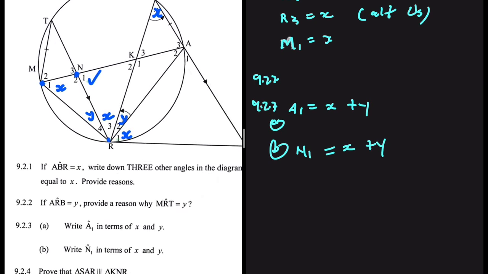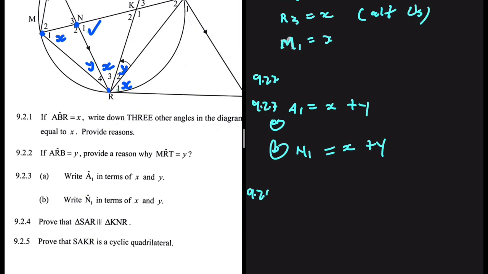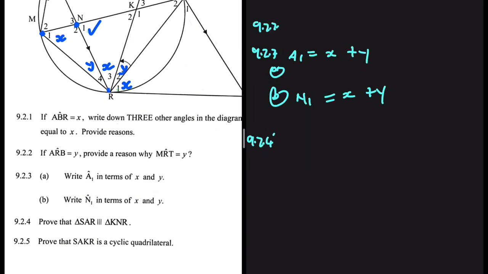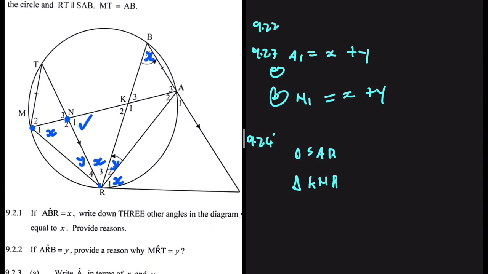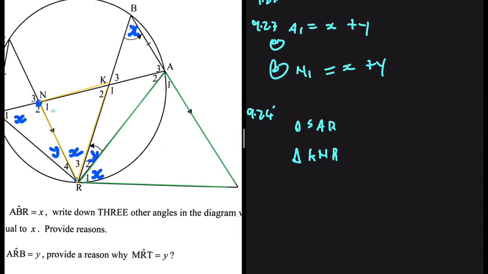That is 9.2.3. And 9.2.4, we're supposed to prove that triangle SAR is similar to triangle KNR. Let me just go ahead and highlight those triangles first before we carry on. There we go.